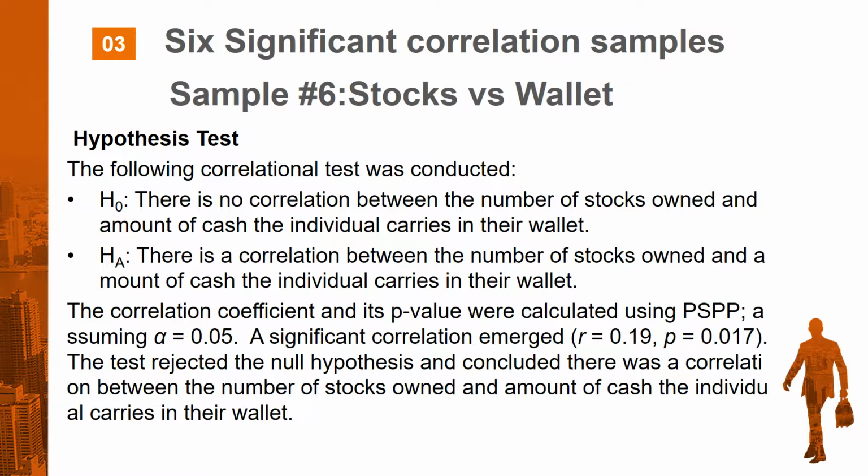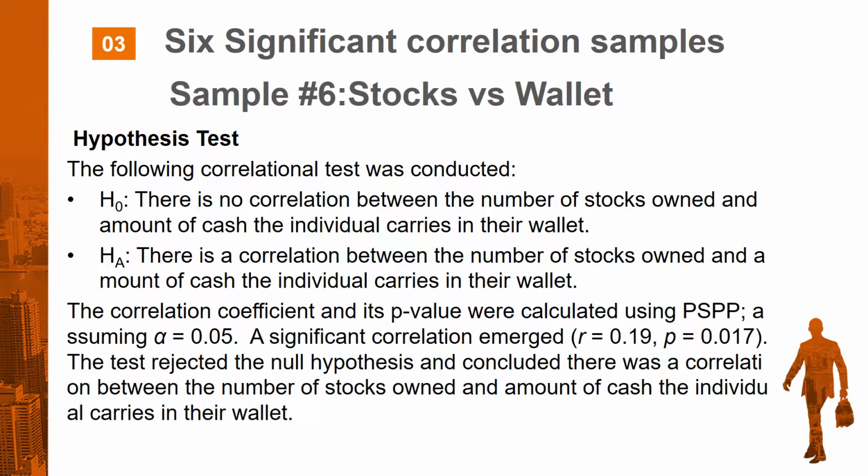So we also found a significant result here, and we rejected the null hypothesis and concluded that there is a correlation between the number of stocks and the amount of cash the individual carries. And the correlation here is also in the positive sense.